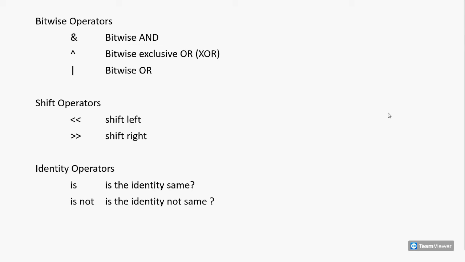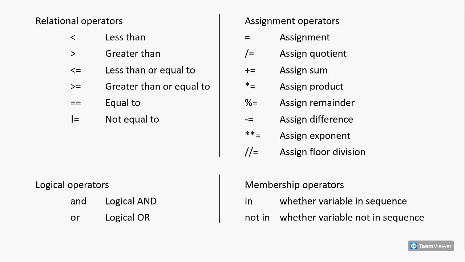Then there are some identity operators. The first one is "is". It checks for the identity of the operands involved if the identity is same. "Is not" checks for the identity of the operands involved and checks if the identity is not same. Then we have the relational operators.